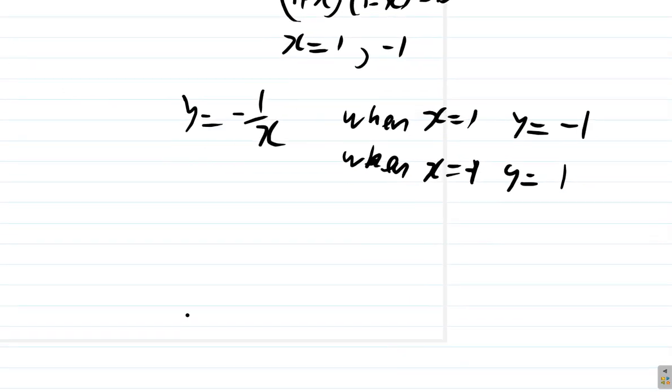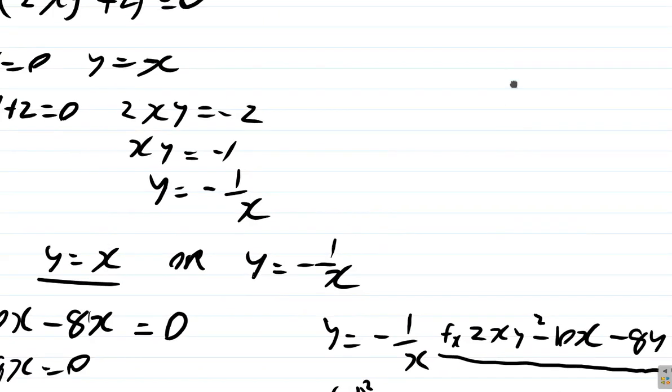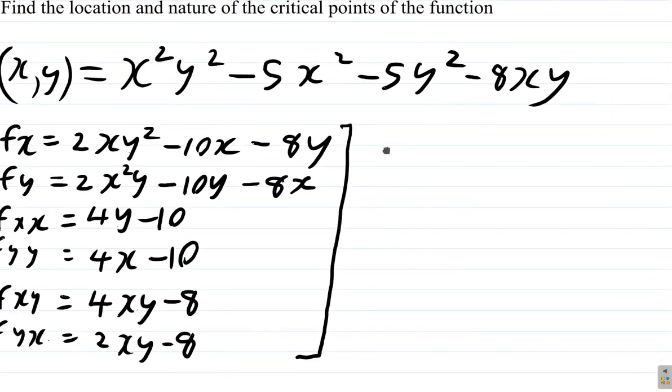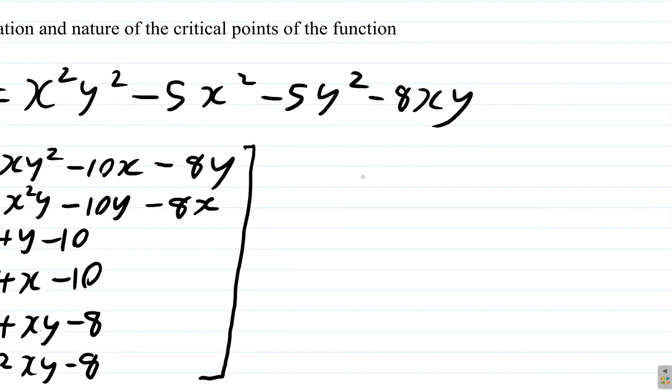So what we have is 1, negative 1, alright? What would be the values of z? So we'll have x is 1, y is negative 1. What would happen here?